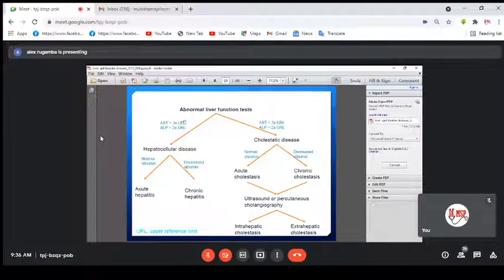This one is less, and this one is high. Actually, this is the meaning, even though the last one is confusing.